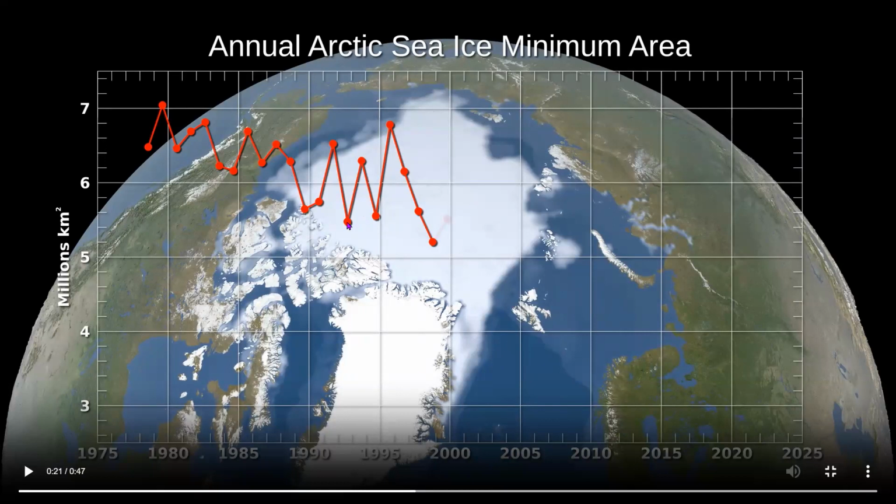So for instance, at this point in 1992, looks like about 92 or 93, at this point in the summer, the ocean was absorbing a lot of heat because its white reflective cover had been taken away. That's called albedo, which is the measure of reflectivity of surfaces on our planet.